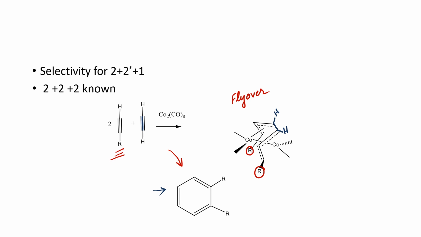It kind of wraps around it, and so it is called a flyover complex. Reductive elimination of this flyover complex will give you the arene ring.